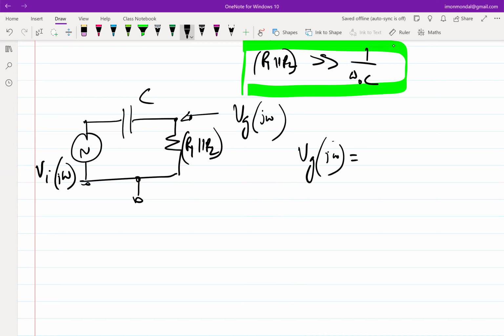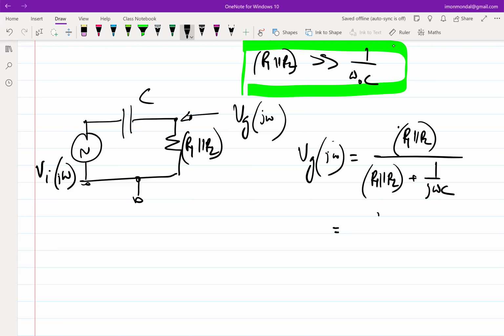Vg of j omega, in the presence of only one source, will be, let's do it fully, R1 parallel R2 by R1 parallel R2 plus 1 by j omega c.